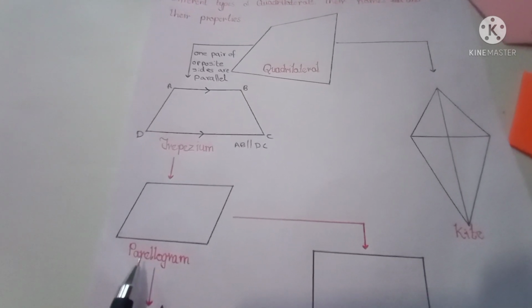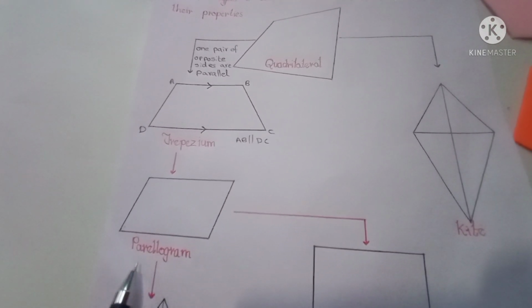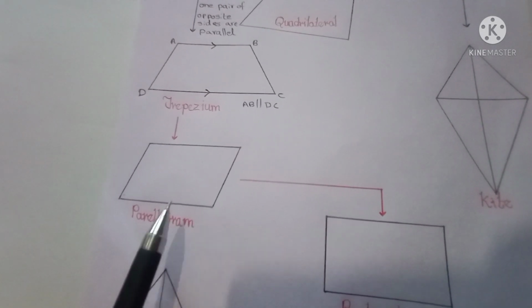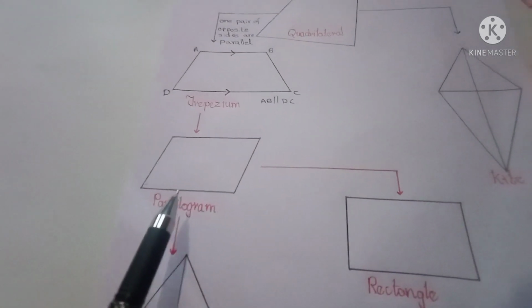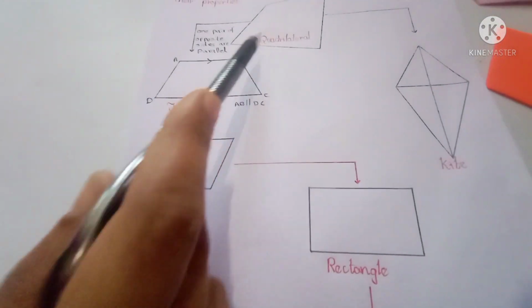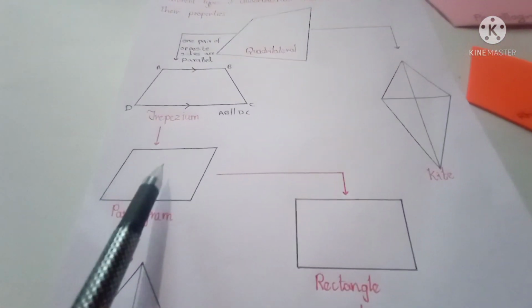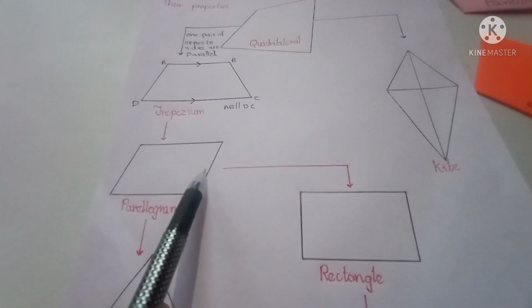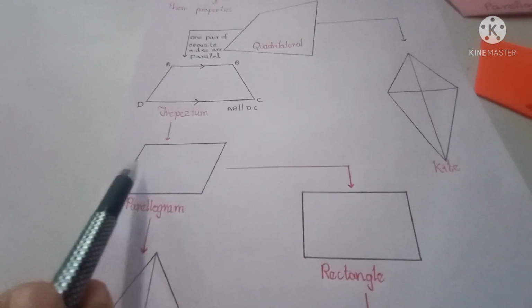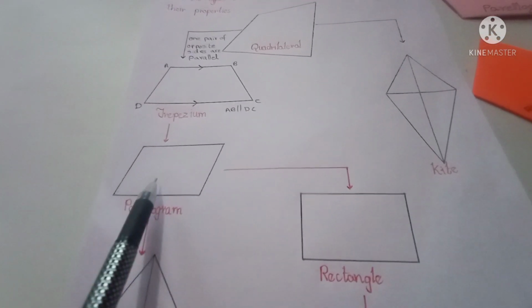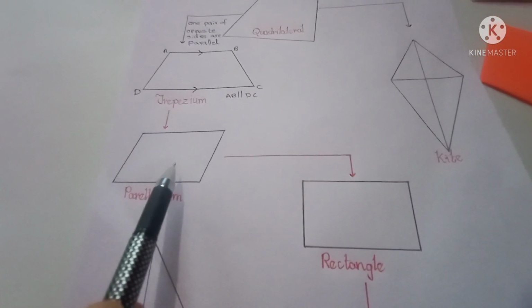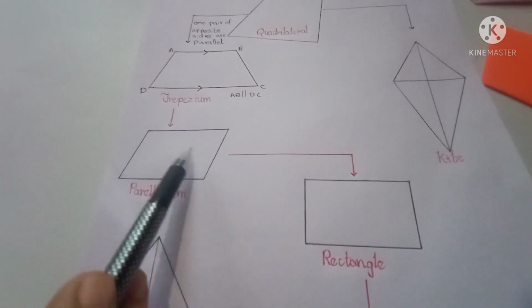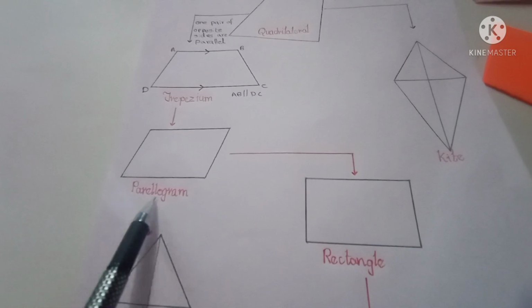Another type of quadrilateral is the parallelogram. In this quadrilateral, both pairs of opposite sides are parallel, so this type of quadrilateral is called a parallelogram.